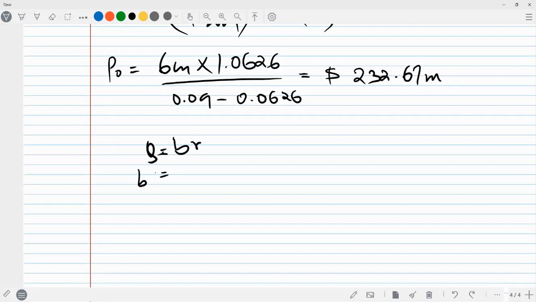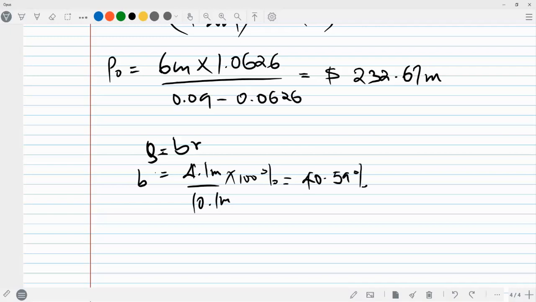Therefore, they retained 4.1 million out of 10.1 million. In percent, we get 40.59. That is the retention ratio, 40.59%.